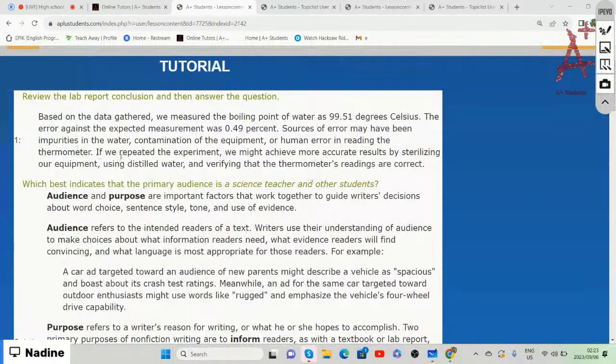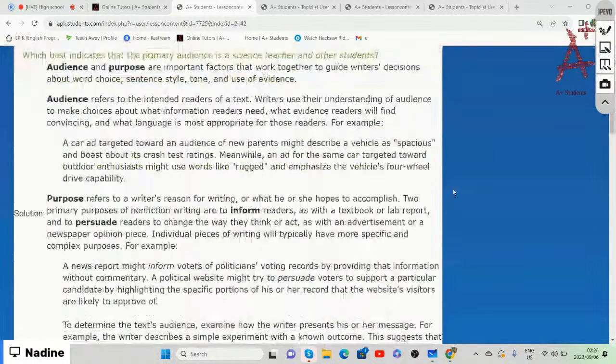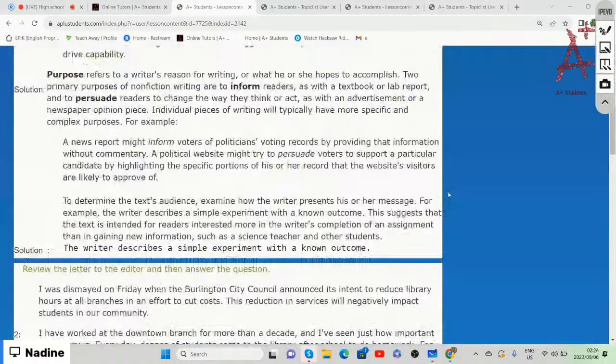If we repeated the experiment with more accurate results by sterilizing our equipment using distilled water and verifying that the thermometer's readings are correct, this still gives us an indication that the writers described a simple experiment with a known outcome.